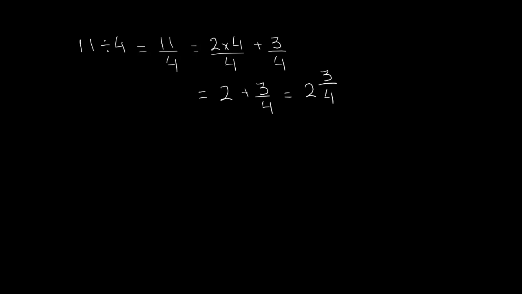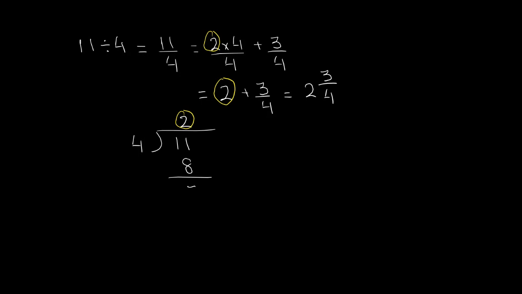Now see how the division algorithm does exactly the same thing. So you have 11 and you want to divide it among 4 children. Well, you can give 2 chocolates to each child, and this is exactly the same 2 that we have over here. So if you give 2 chocolates to each child, you're going to be giving away 8 chocolates.